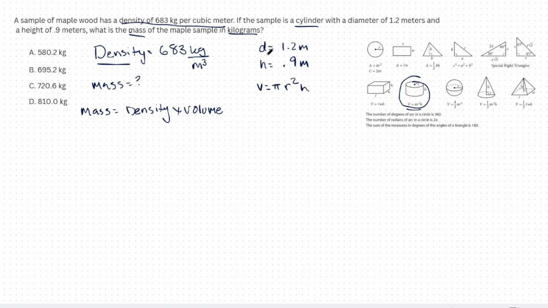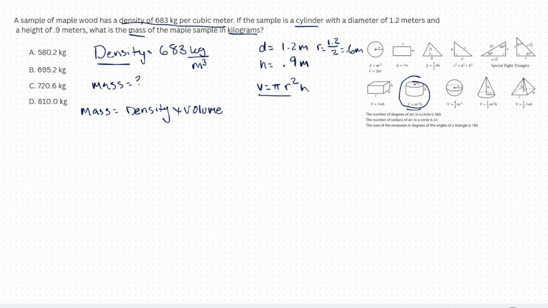We are given the diameter of our cylinder, which is 1.2, and we know that our radius is just equal to the diameter divided by 2, because it's half of our diameter. So our radius is going to be equal to 1.2 meters divided by 2, which is 0.6 meters.